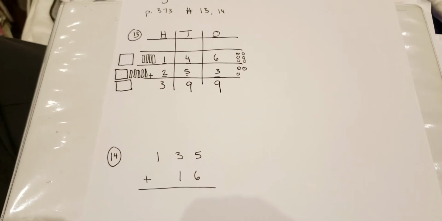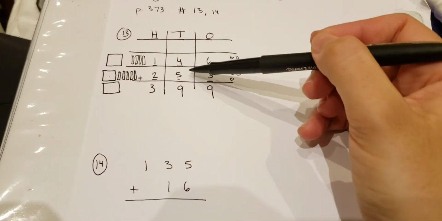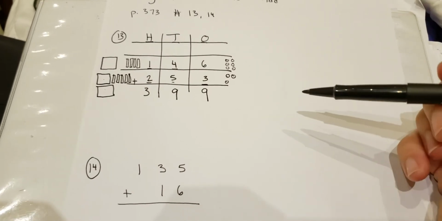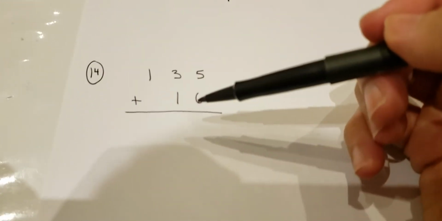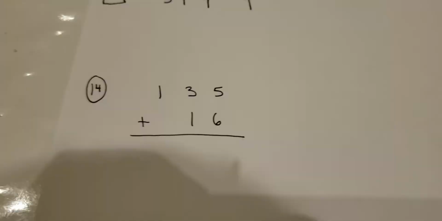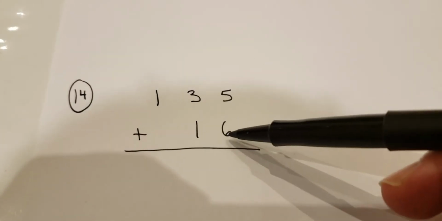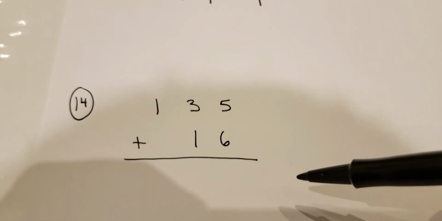Let's take a look at this next problem. Okay. And just to note, sometimes you will have to regroup for problems like this. And I might do an extra problem to show you. But for right now, let's take a look at number 14. All right. So here, we're adding a 3-digit number and a 2-digit number, okay?